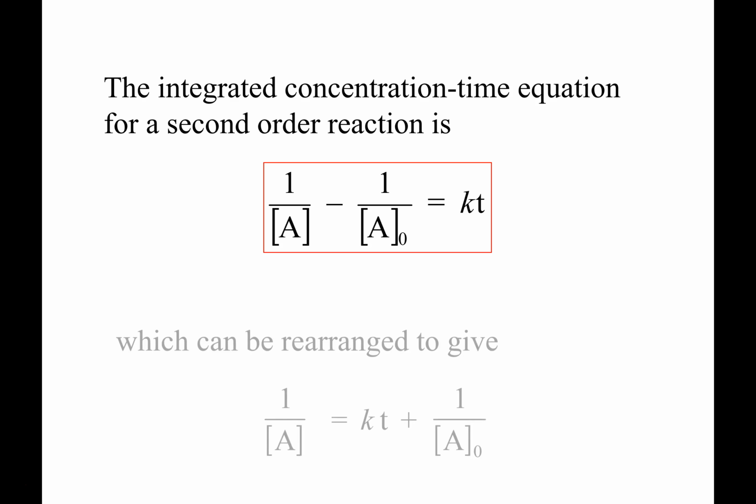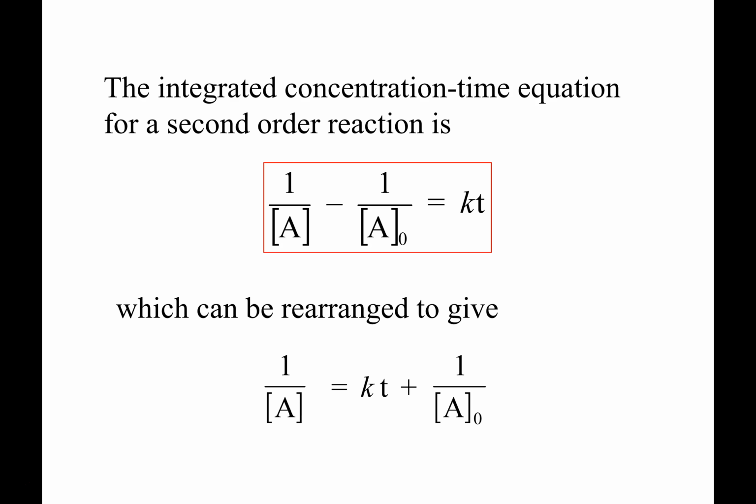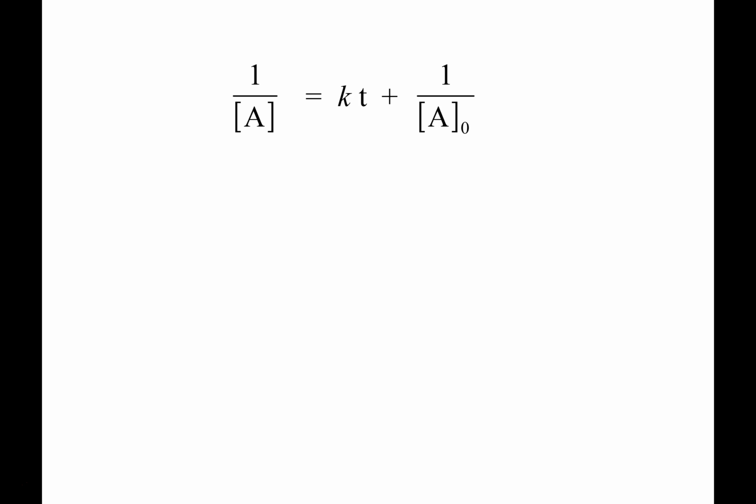If we rearrange this, then we get this: the inverse of the molar concentration of A is equal to kt plus the inverse of the initial molar concentration of A. And that one actually is getting, so we can go ahead and plot it.